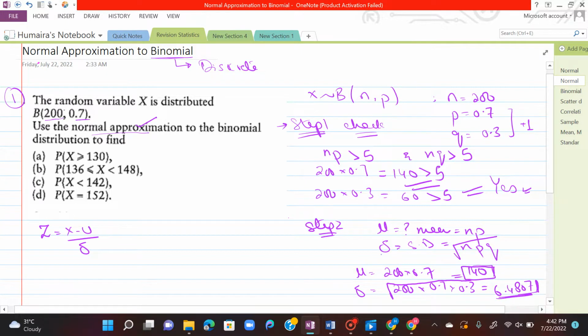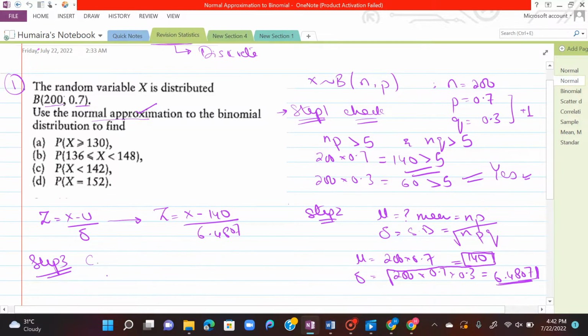Now I have these two answers, which we always find in the second step. In this z transformation I can write z equals x minus mu, mu is 140, upon sigma 6.4807, right? After this second step we move to the third step where we apply the correction factor.